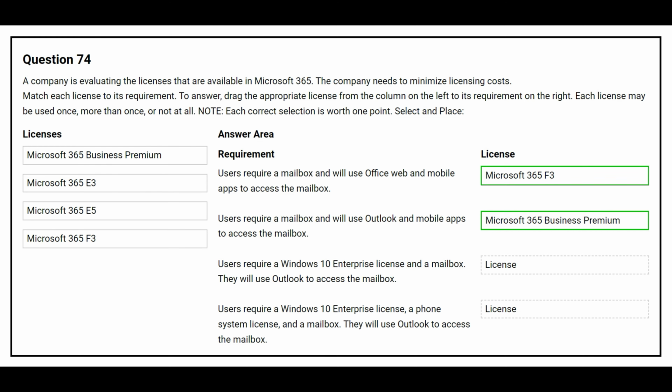The correct license is Microsoft 365 E3. Fourth requirement is users require a Windows 10 Enterprise license, a phone system license, and a mailbox. They will use Outlook to access the mailbox. The correct license is Microsoft 365 E5.